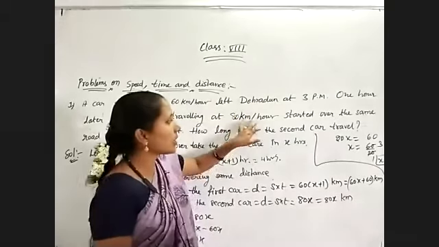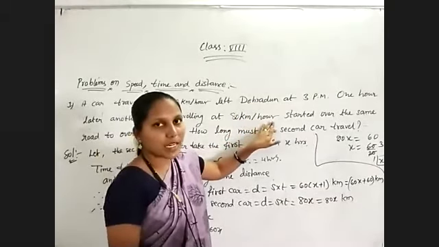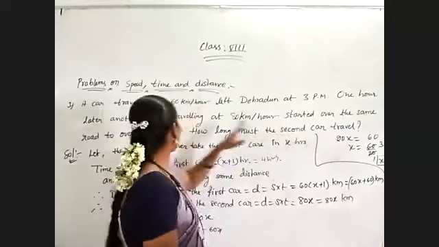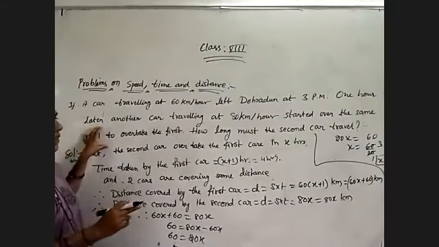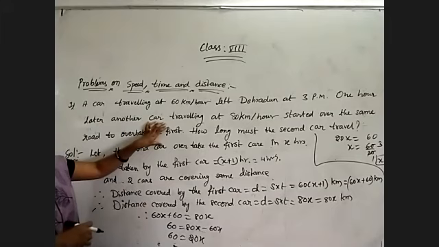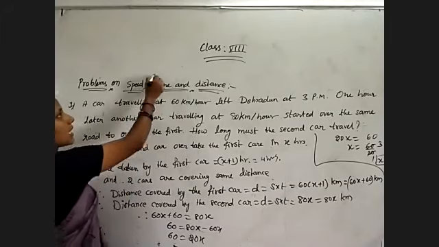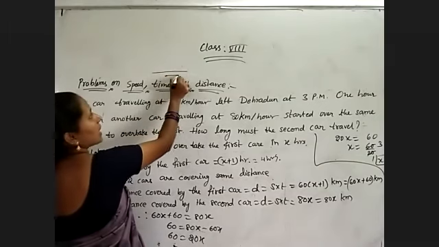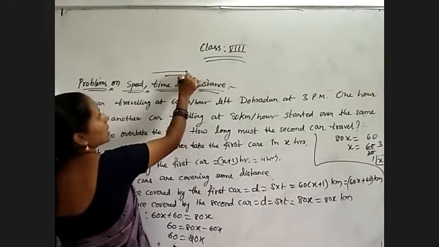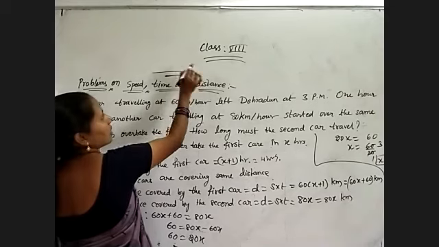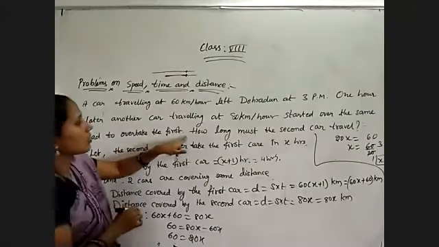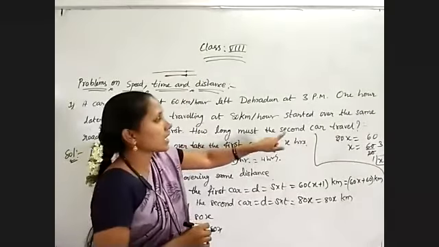So 80 kilometers per hour is the speed of the second car over the same road, meaning the same distance, covering to overtake the first one. The first car started before, and after some time the second car started. So to overtake means they cover the same distance. First, how long must the second car travel?